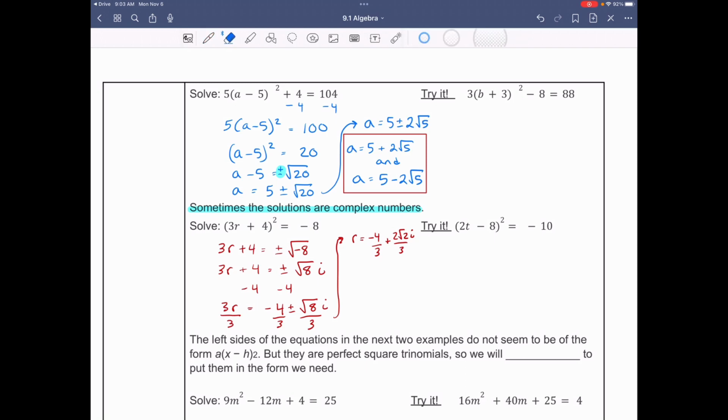Usually we don't put the i in the fraction, so I'm just going to write it next to it. And then we also have r is equal to negative 4/3 minus 2 square roots of 2 over 3 i. So these are our two solutions.